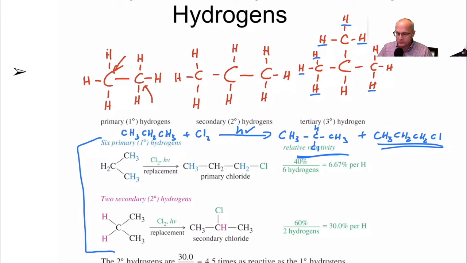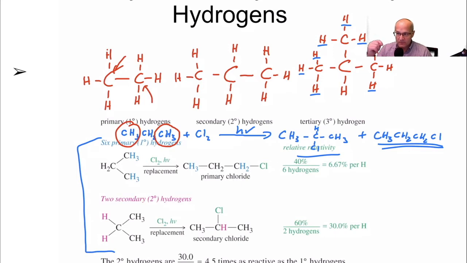Now, if we think about this a little bit, it stands to reason that the methyls should react more. Why? Because if you recall the mechanism of chlorination, the first step after radical formation is that the chlorine free radical will abstract a hydrogen from a carbon.